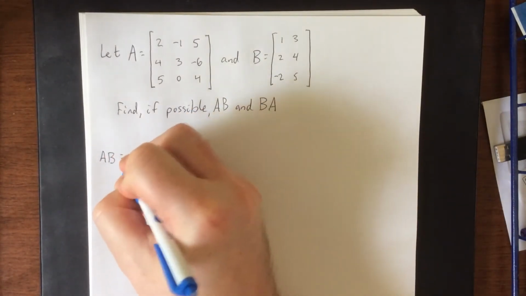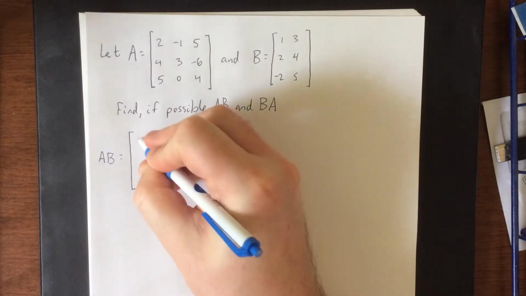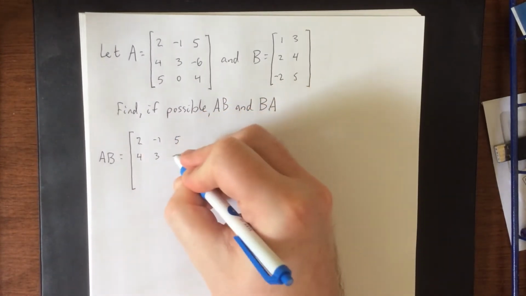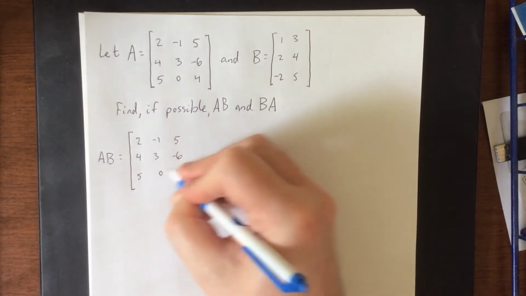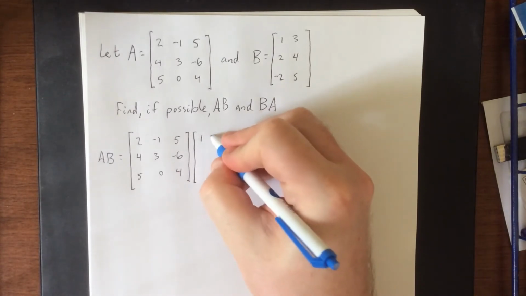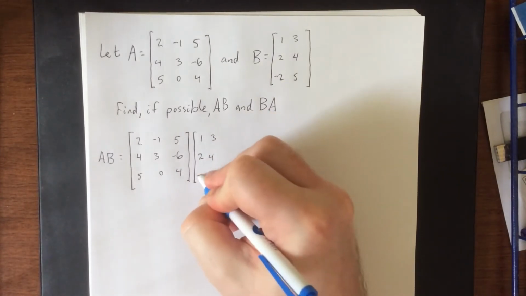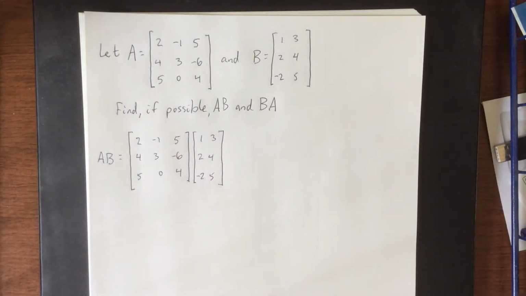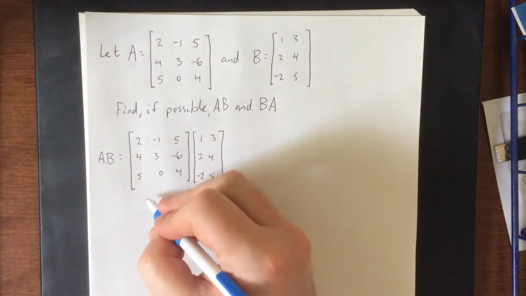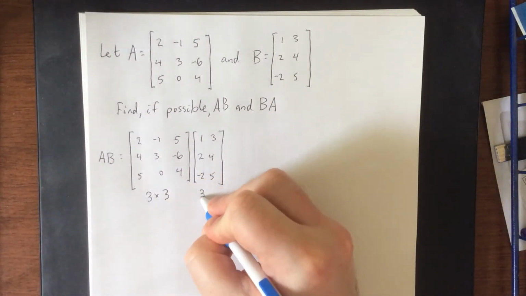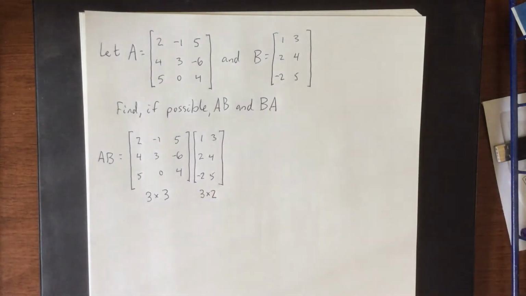So multiplying A times B, first thing we'll do is recopy these two matrices so that they are properly juxtaposed to imply multiplication. There's our matrix A, and here's our matrix B. Now what I like to do to make sure that matrix multiplication is actually defined is I copy down the size of the two matrices, which are 3 by 3 and 3 by 2.